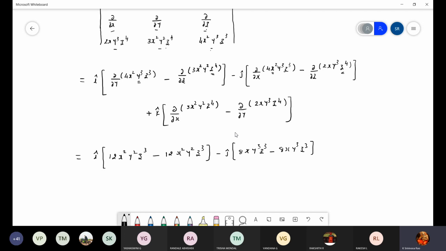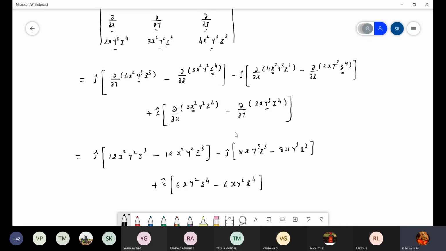Okay, and the last one plus k cap into, with respect to x, square differentiation is 2x. You will get 6x y square z power 4 minus, with respect to y, cube differentiation is 3y square, 3 2s are 6x y square z power 4.